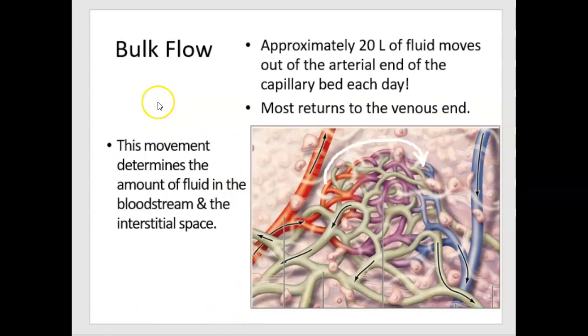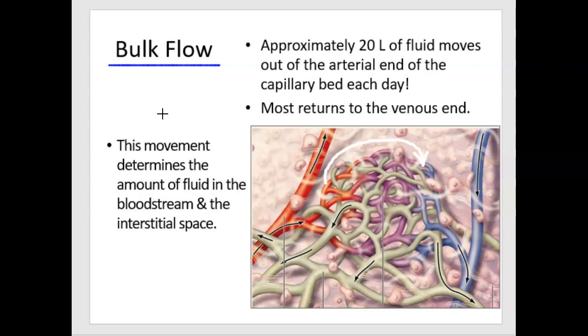You may have read in your textbook about a concept called bulk flow, and this refers to fluid movement. It turns out that approximately 20 liters of fluid moves out of the arterial end of the capillary bed every single day. That's a lot. That's like 4 times your blood volume.